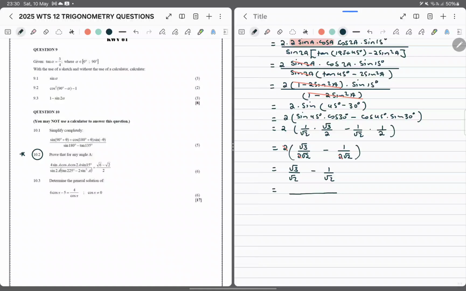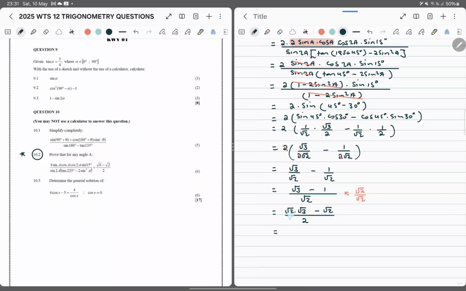Okay, we take the common denominator. I guess we just couldn't escape it. So we end up with root 3 minus 1. We saw that our answer doesn't have what we have, so we rationalize. So this means we will have root 2 times root 3 minus root 2, divided by 2.